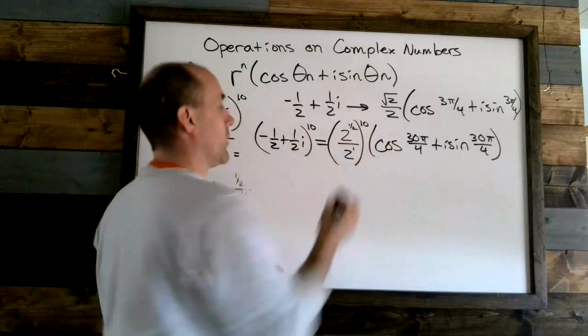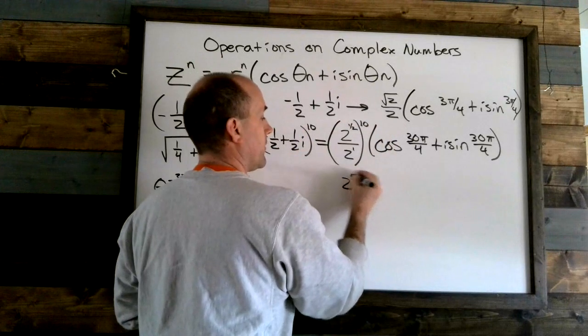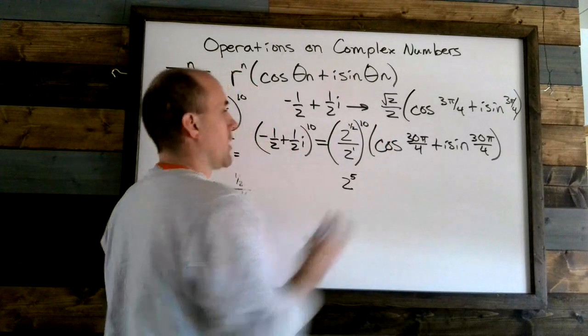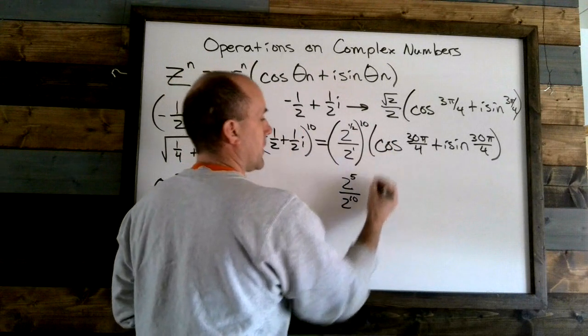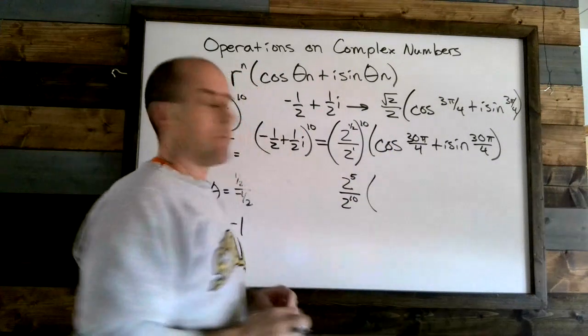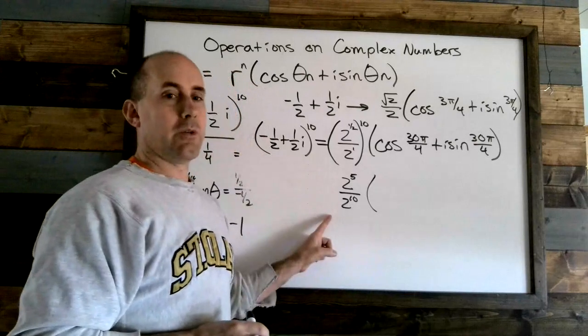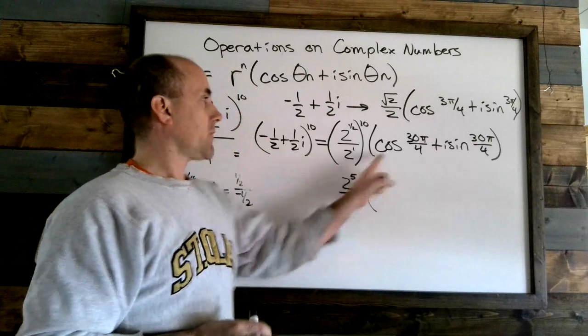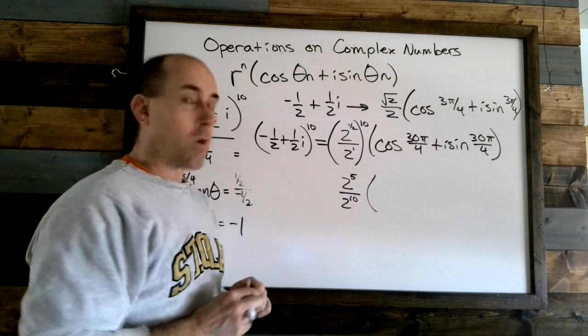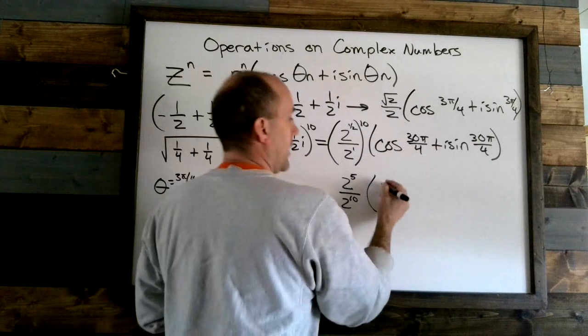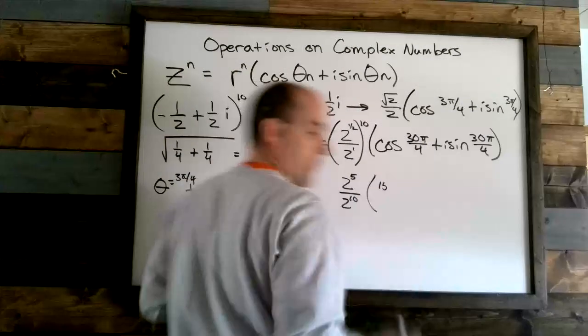We multiply it, we get 2 to the 5th. On the bottom, 2 to the 1 to the 10th is 2 to the 10th. We can simplify that yet. I got 2 to the 5th over 2 to the 10th. Cosine of 30 pi over 4. 30 pi over 4 would be the same as 15 pi over 2.